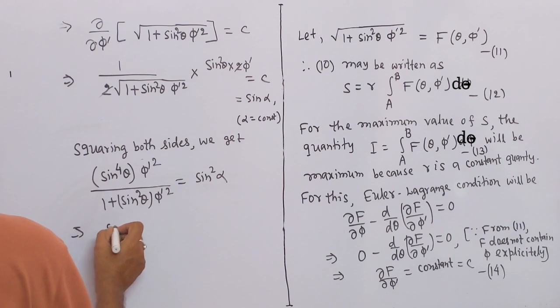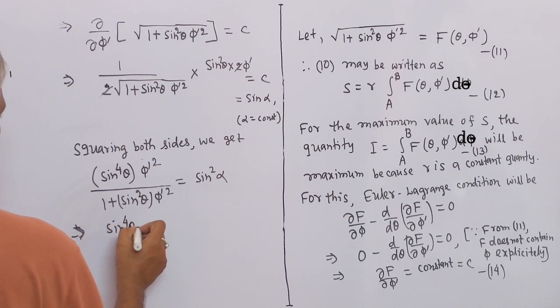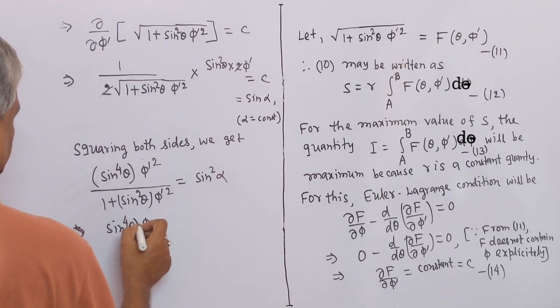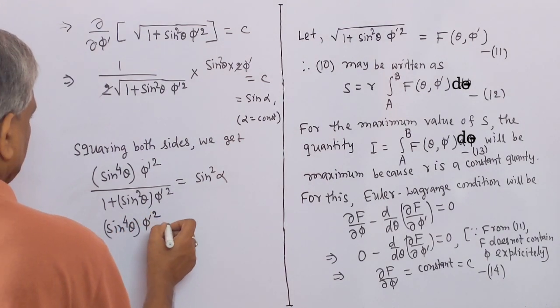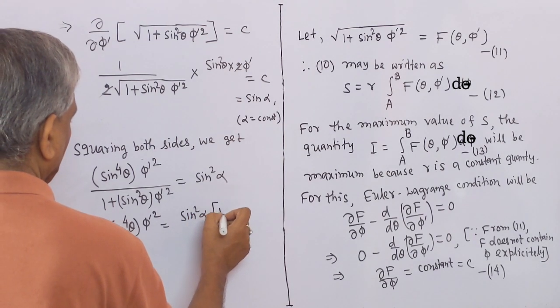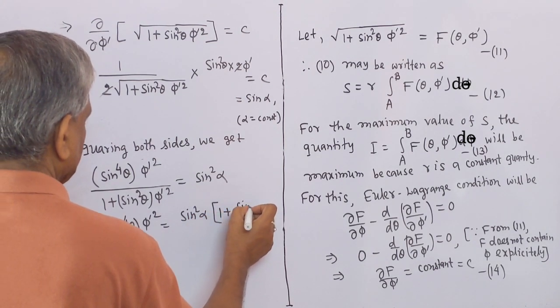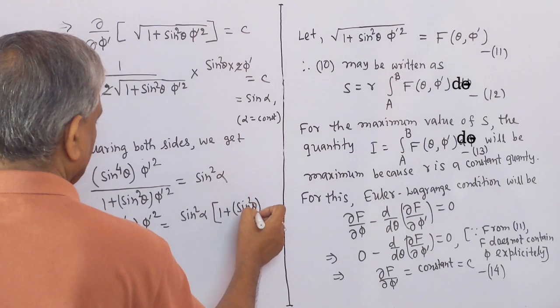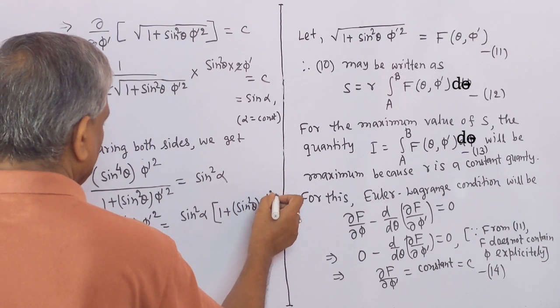Implies that sin to the power 4 theta phi prime square equal to sin square alpha times 1 plus sin square theta phi prime square.